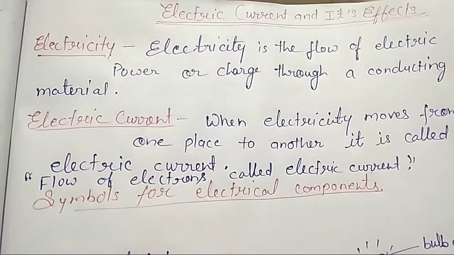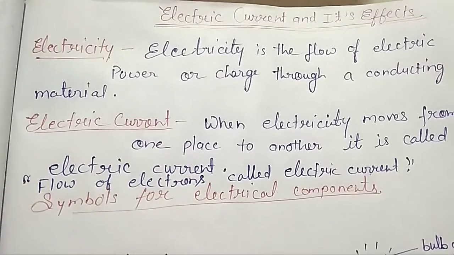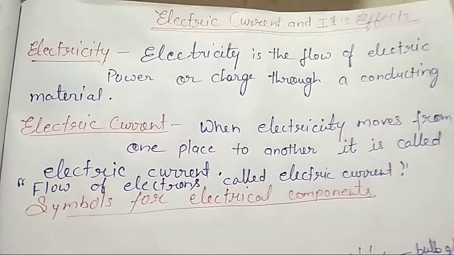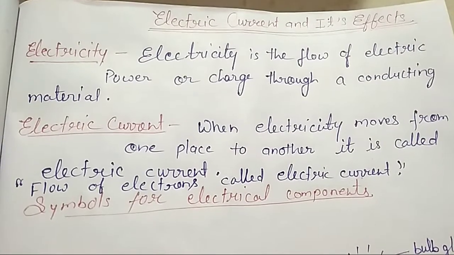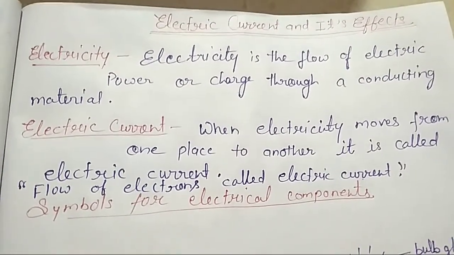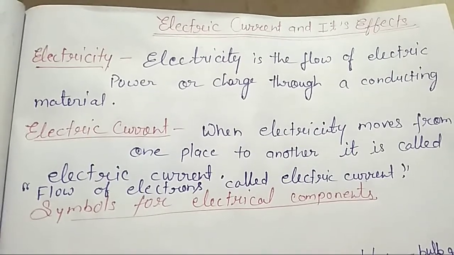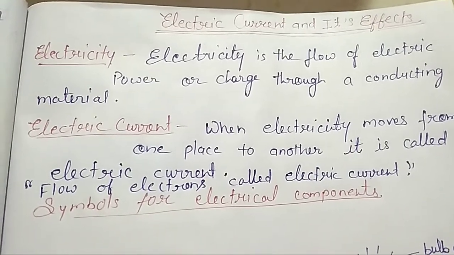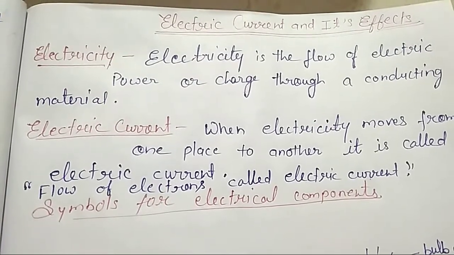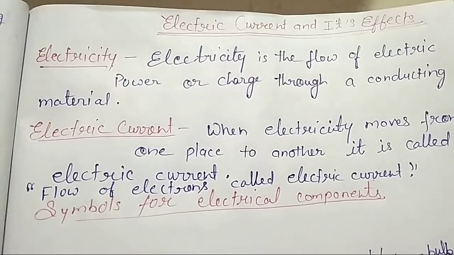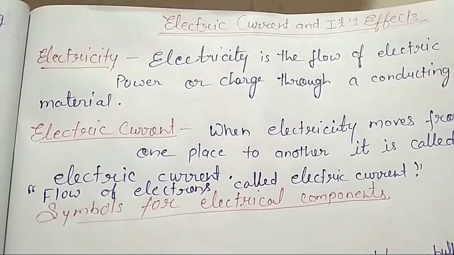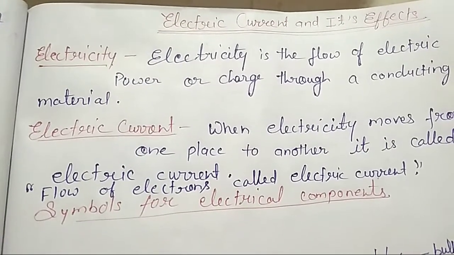You all are aware of electricity because you use many home appliances that run on electricity, such as a bulb, fan, mixer, juicer, and washing machine, etc. Many examples are present at home that run on electricity.